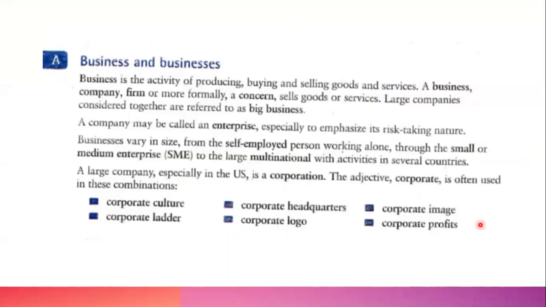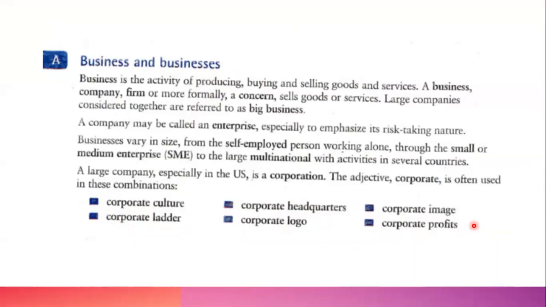Last week, we were talking about business and businesses, remember? And then we had these combinations here: corporate culture, corporate ladder, corporate headquarters, corporate logo, corporate image, and corporate profits.